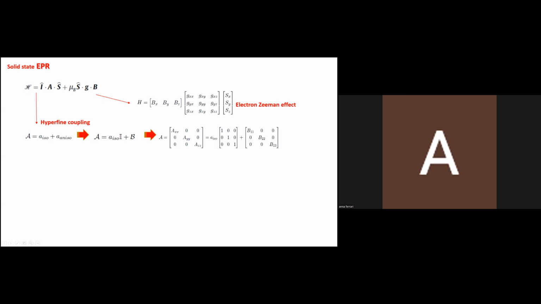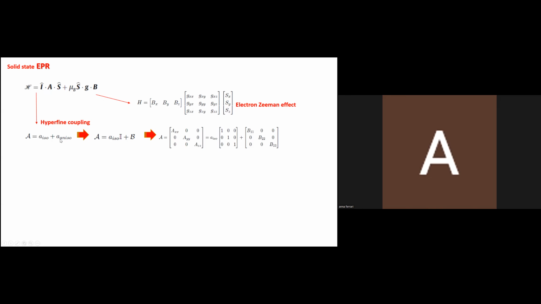But I won't deal with this part of the Hamiltonian. And the other term is the coupling between the electronic spin and the nuclear spin. And this coupling is mediated by a tensor, the A tensor. It is called the hyperfine coupling.